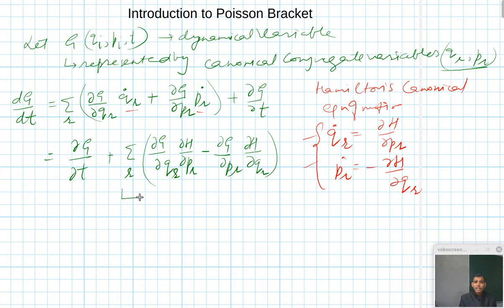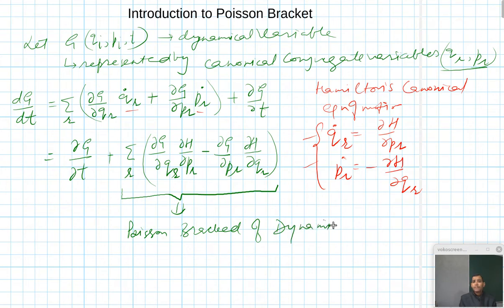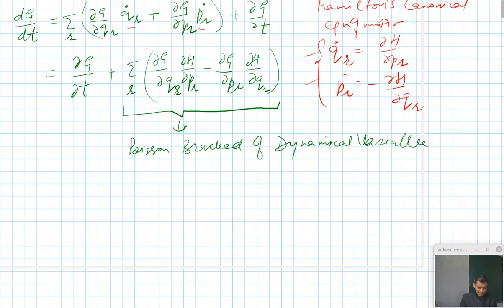Now this term is known as the Poisson bracket of the dynamical variable, and this dynamical variable depends upon these canonical conjugate variables. So I can define the Poisson bracket like this.